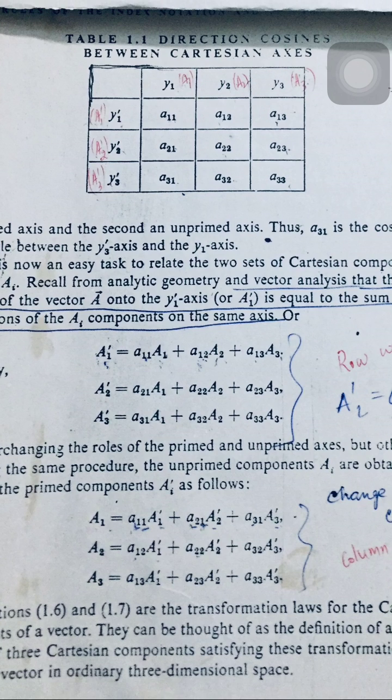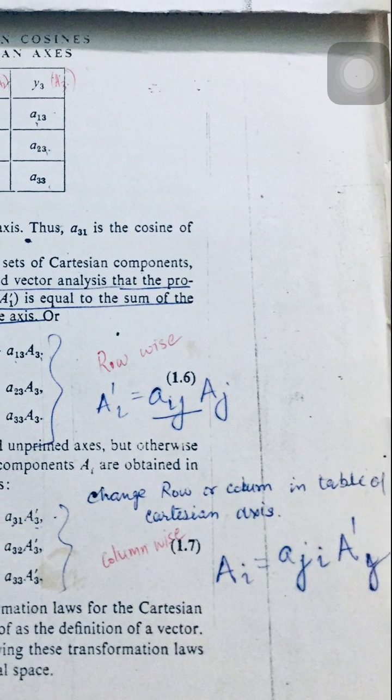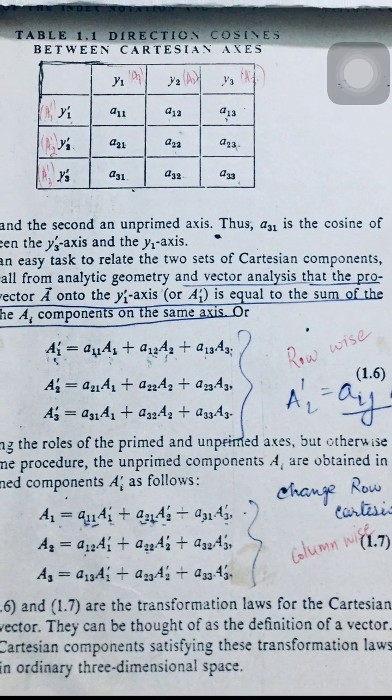So a1 is a11 a1 dash plus a21 a2 dash plus a31 a3 dash. This is the first column multiplied with the components of y_i dash. In index notation, this becomes a_i is nothing but a_ji a_j dash. This is the transformation law when we change from primed to unprimed and unprimed to primed.